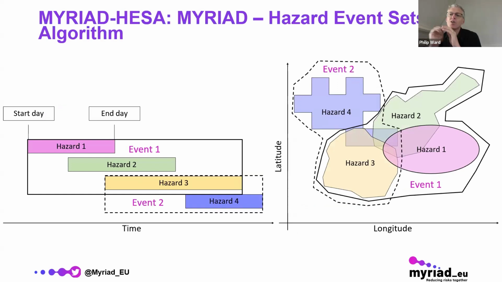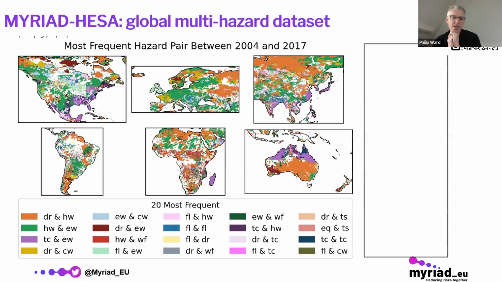I'm not going to go through all of the details here, but we developed an algorithm that looks at when there is spatial and/or temporal overlap between these different single hazards, and we can then class these as one set of these multi-hazard events that Rui was talking about. Next slide, please. Then we can start to map what kinds of different hazard pairs or groups of hazards we have seen that occur frequently in the past.